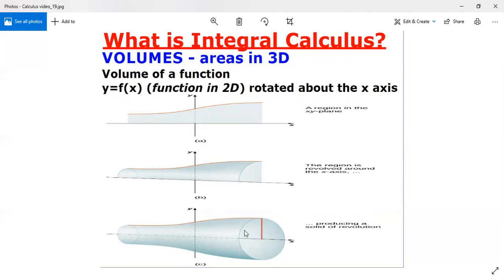So what we can do is we can take slices through this volume, and for each slice we'll have the area of a circle. So the volume will be determined by the thickness of the slice. So if we take slices through to get multiple discs, all those discs are going to have a slightly different radius here, but we know that the area of a circle is pi r squared, and if we added up all those discs together, we would get an accurate figure.